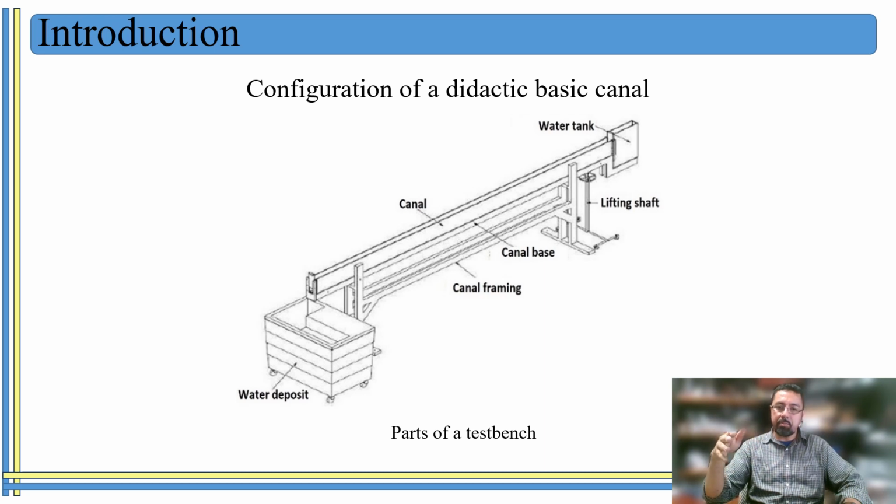But in this case, in order to increase the speed of water or to have a slope in the channel, we have to use a manual mechanism, which is, like I said, the lifting shaft. It has a mechanism which you have to turn around to lift it up or put it down.